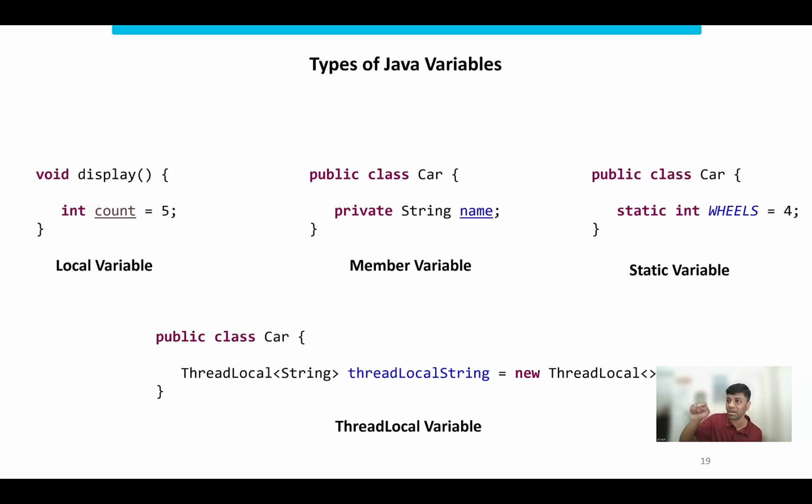Let's say thread 1 comes, so that variable will be set to thread 1. If thread 2 comes, you will not be able to see the value that was set for thread 1. So thread local, as the name says, is just local to the thread. Only that particular thread can see it.